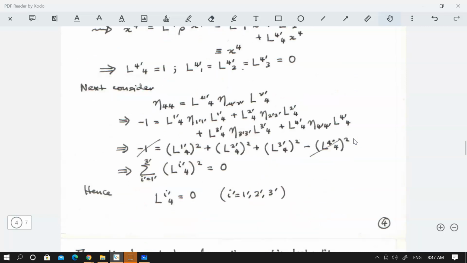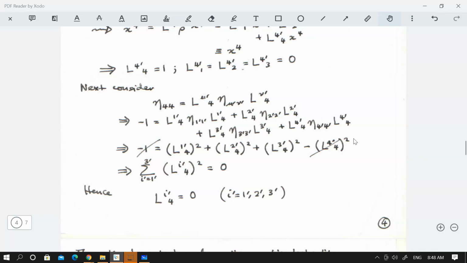The Lorentz identity of interest here will involve your index 4, for example. So let's consider eta 4 4. Eta 4 4 equals L mu dash 4 eta mu dash nu dash L nu dash 4. Now eta 4 4 is minus 1. So now we have all this sum that we need to do.